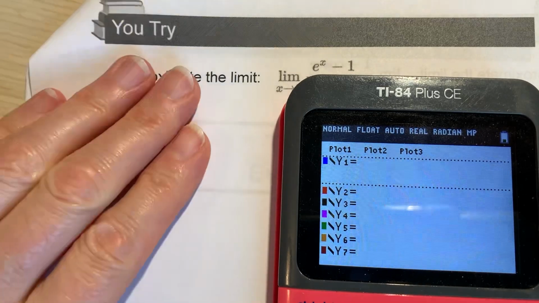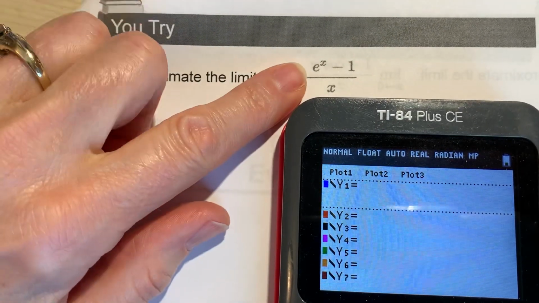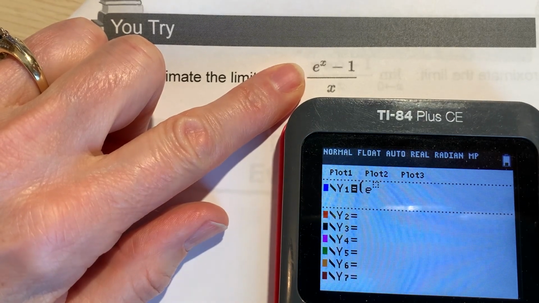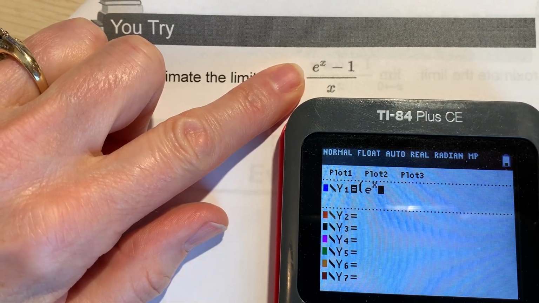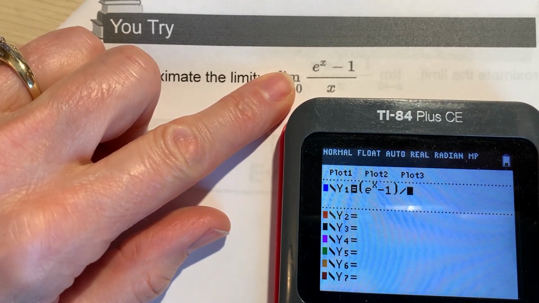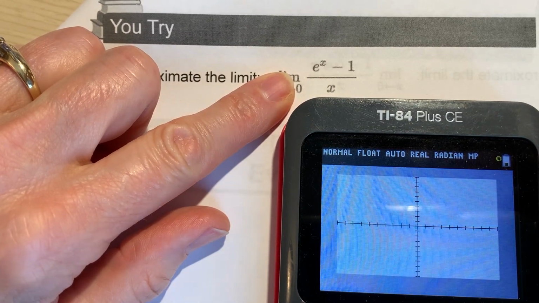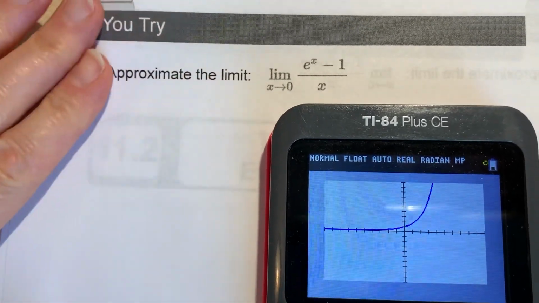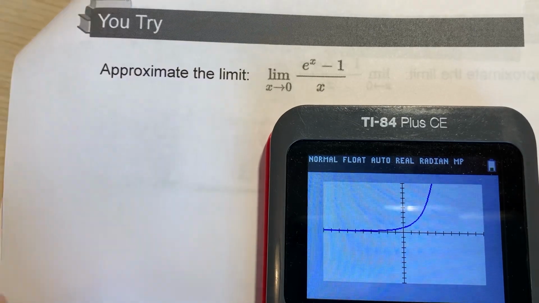So I'm going to put it in my calculator. Put your denominator in parentheses: second e to the x minus 1, close parenthesis, divided by x. I'm going to peek at the graph first just to get an idea of what's happening at 0. You can't really see it there.